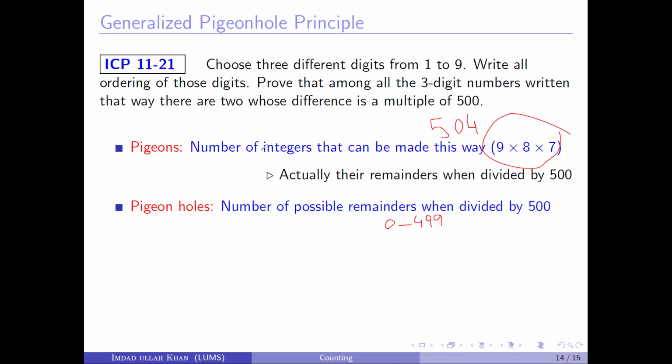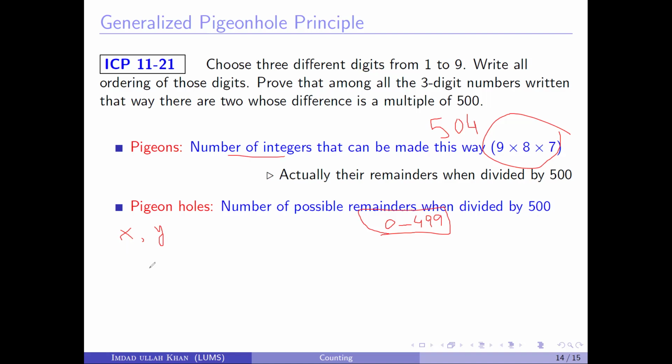So if we have 504 total such numbers, divide each of them over 500, the possible remainders are 0 to 499, which means that we must have at least two integers, we can call them x and y, which will share the same remainder when divided over 500.